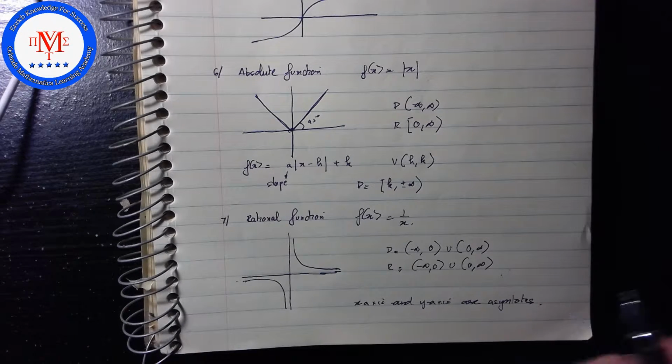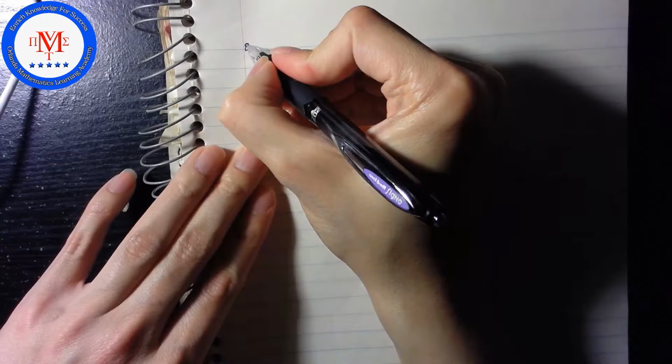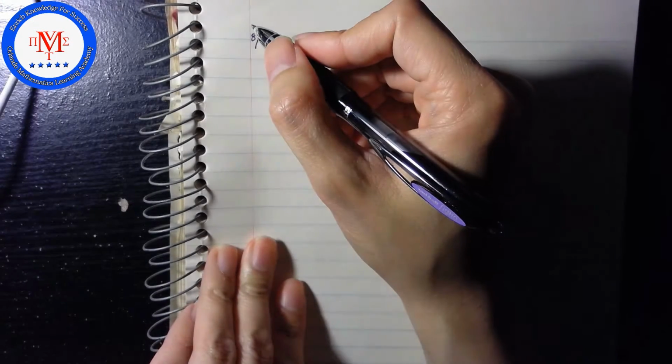I want to add and introduce another function. I know that this function is not in the textbook, but I think this is a very important basic function you need to know. It's also a rational function, but it's kind of another version of a rational function.